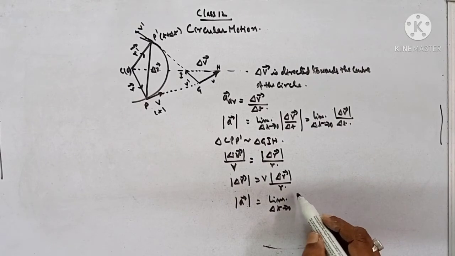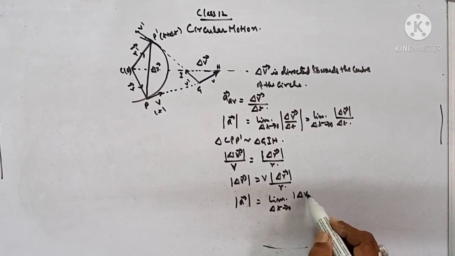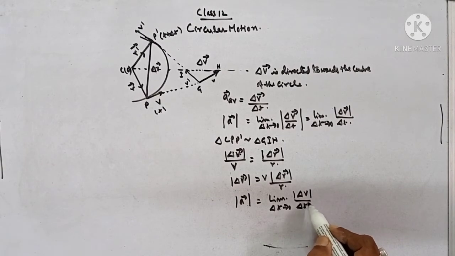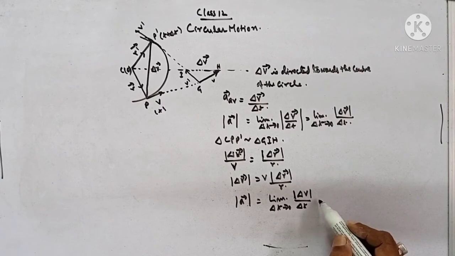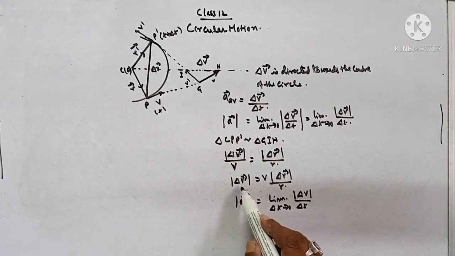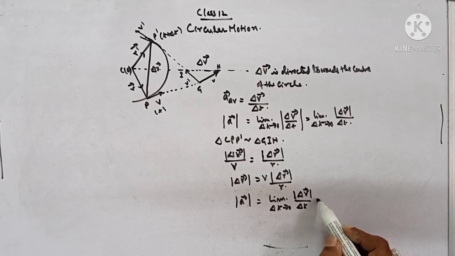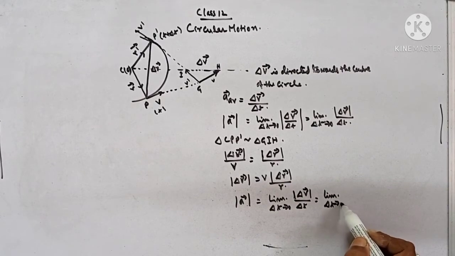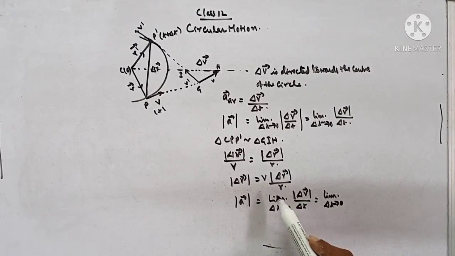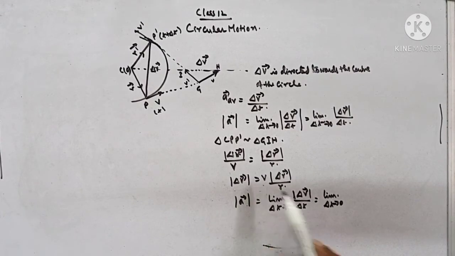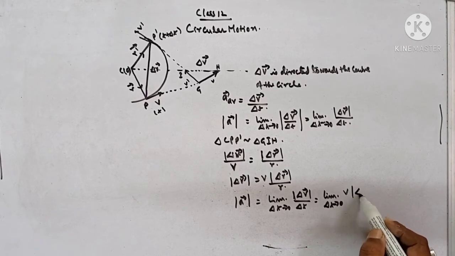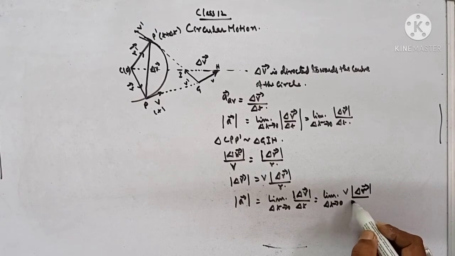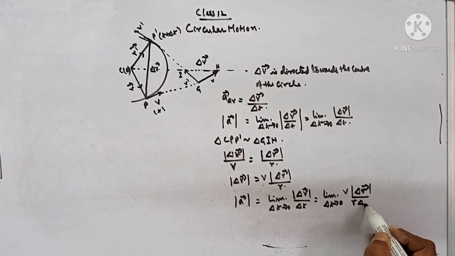So this will be delta v by delta t. I'm going to place the value of the magnitude of delta v here: v delta r by r, over delta t.